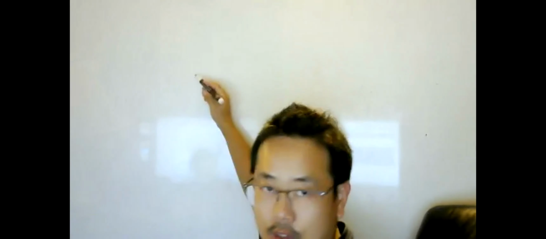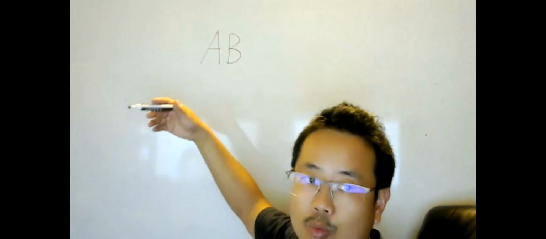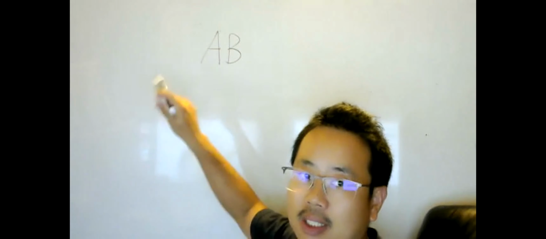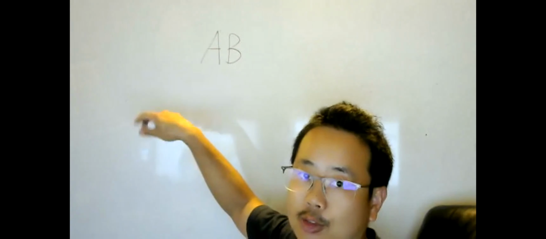Okay, so due to time limit, we have a 2-digit number. Let's say the 2-digit number is AB, okay? This is the tens digit, this is the unit digit. And per the problem, the 2-digit number itself is 3 times the sum of its digits.